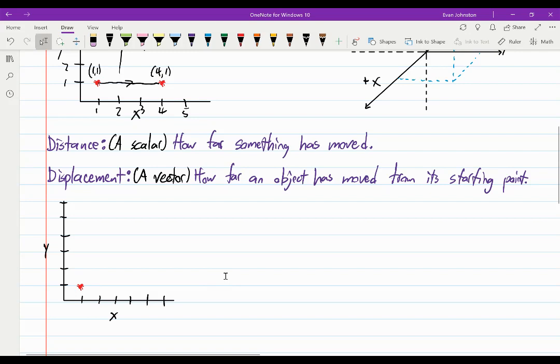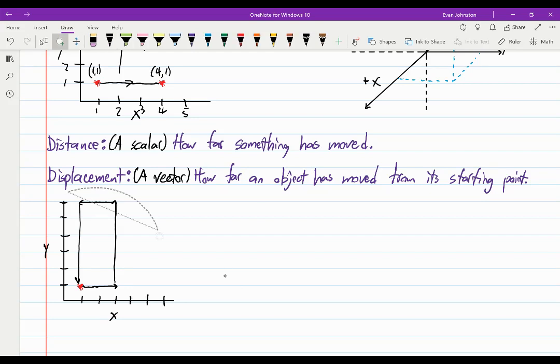So let's say the fire ant starts out there, and moves along this path. Let's say he goes right here, and then he goes up here, and then he goes there, and then he goes there.